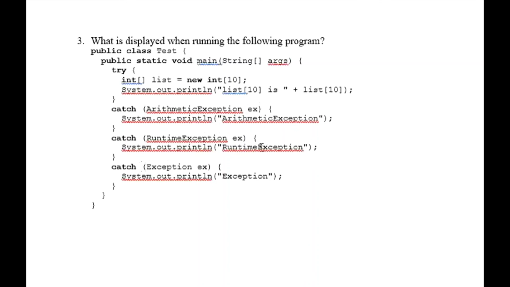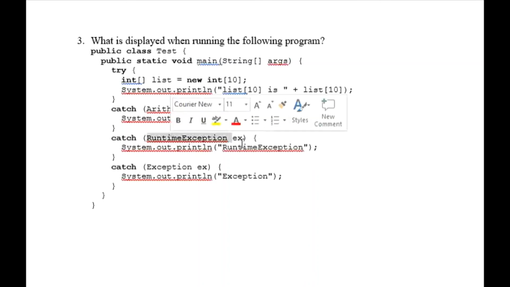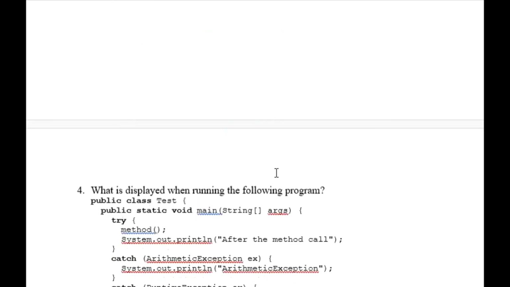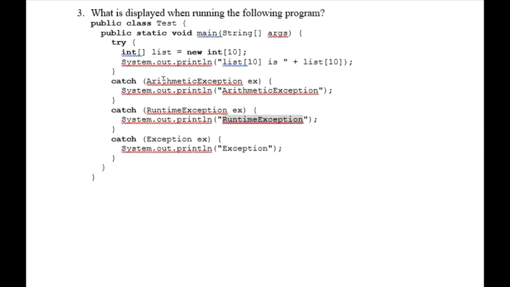In this exercise, the runtime exception is caught and this message will be printed. Remember, when you are writing catch blocks, if you have more than one catch block, write the superclass at the bottom. Very last. Do not write the superclass first, subclass second. No, it should not be written like that.